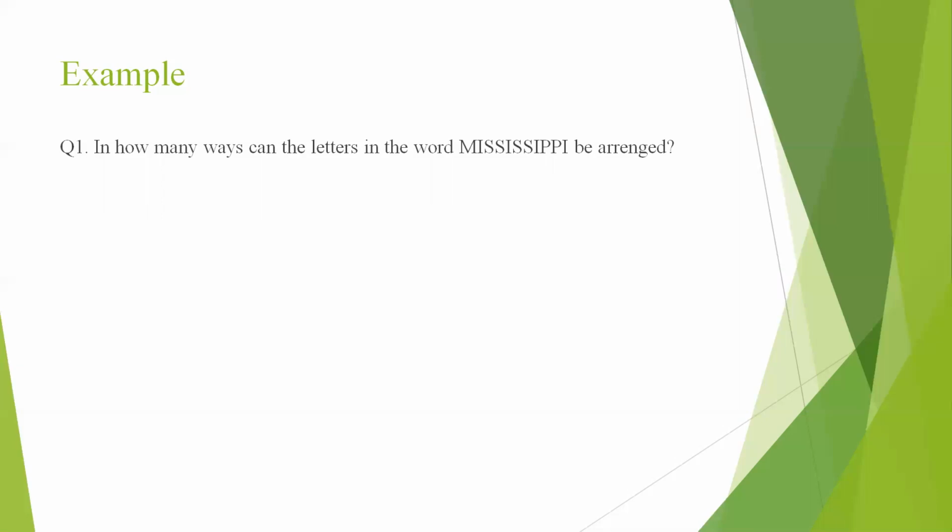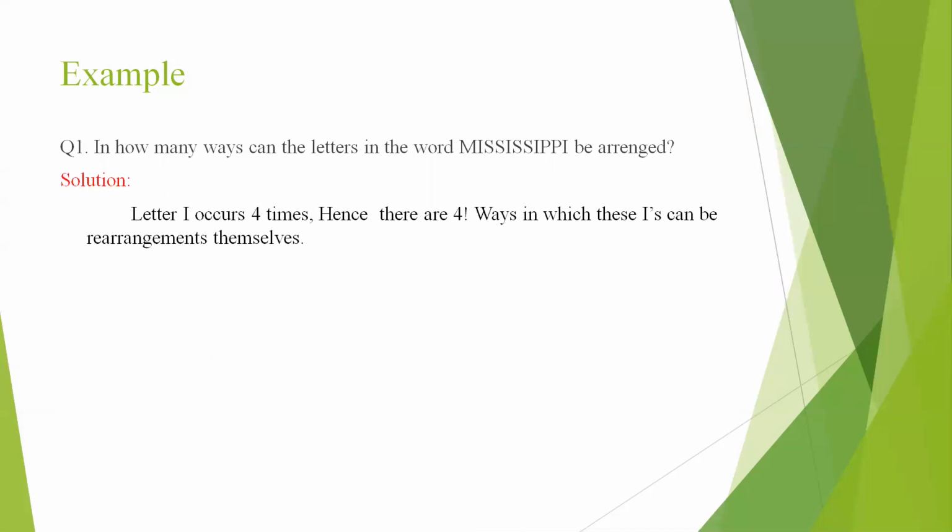Now in this question, the letter I occurs four times, hence there are 4 factorial ways in which this letter I can be rearranged among themselves.